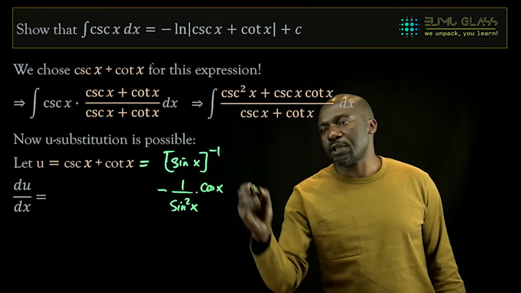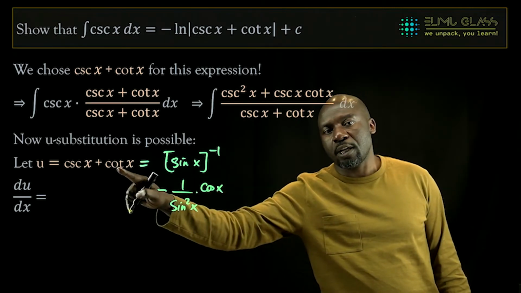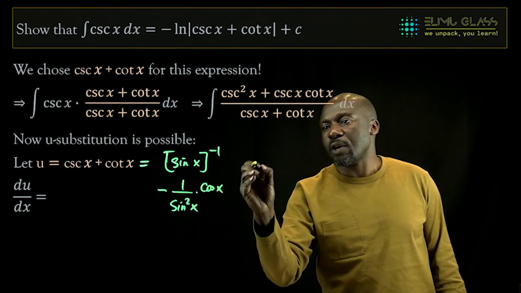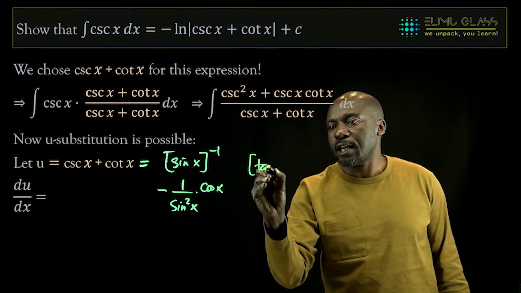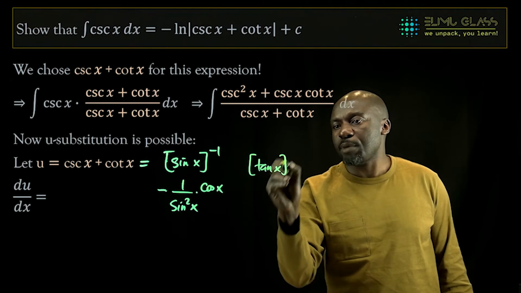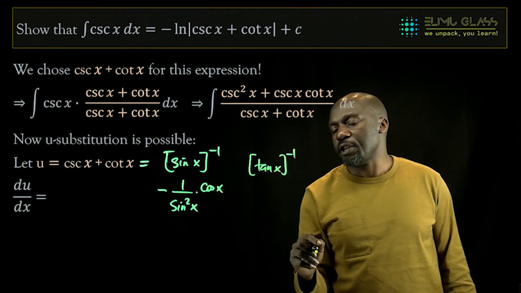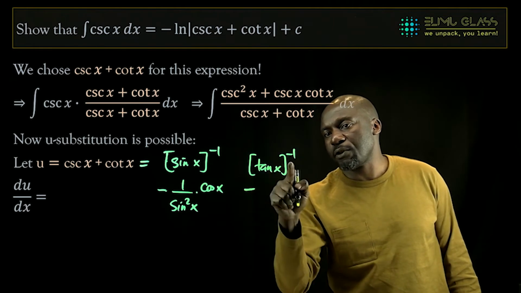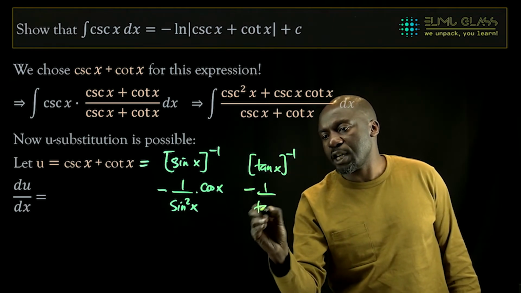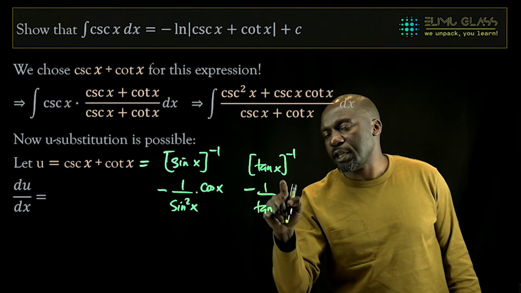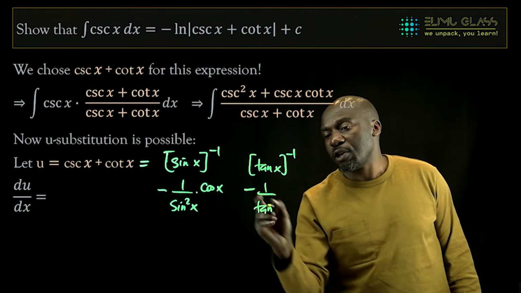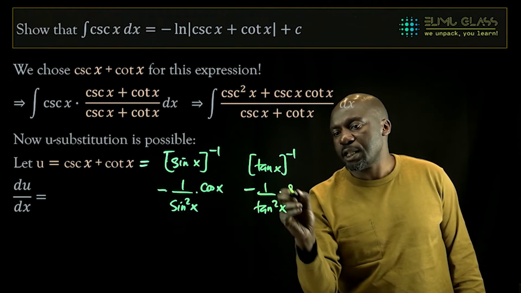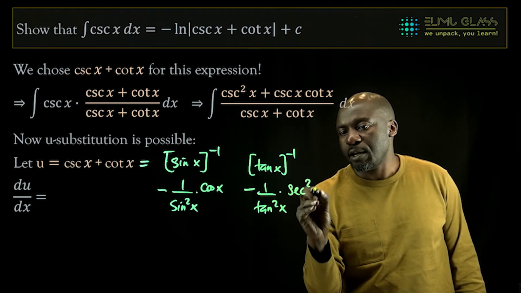Now the derivative of cot x. Cot is 1 over tan, so I can also write this as tan x to the power negative 1, and if I differentiate this by the same method, I get negative 1 over tan squared of x, and then the derivative of tan, which is sec squared of x.